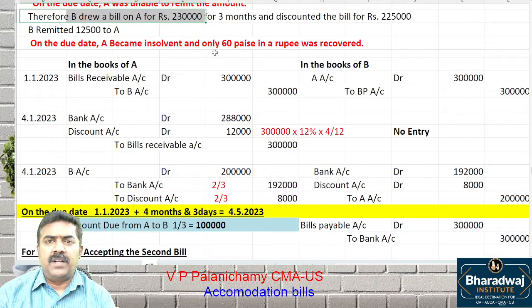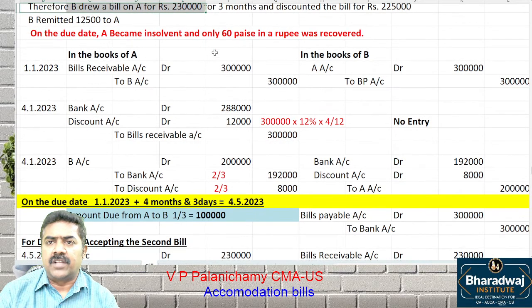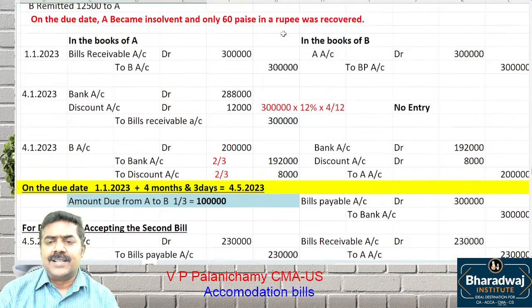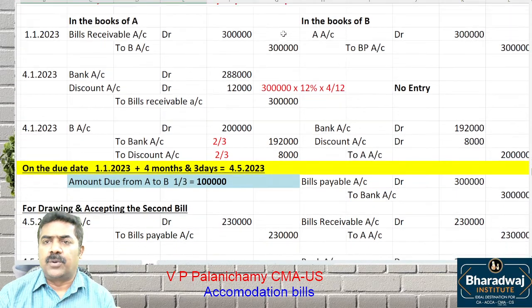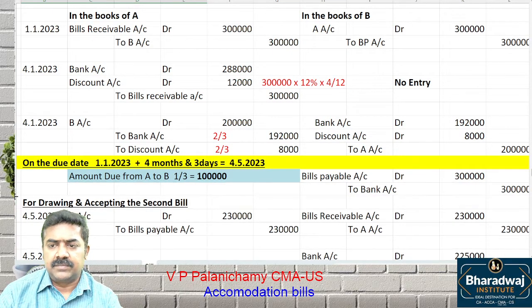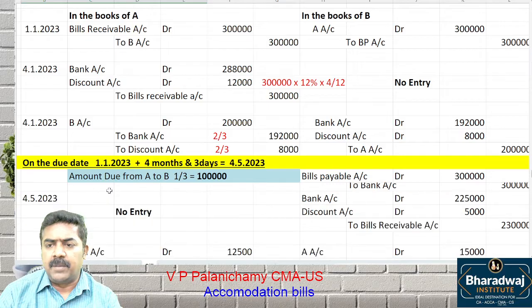B drew the bill on A for 2,30,000 for 3 months and discounted the bill for 2,25,000. Second bill, who is discounting? B is discounting the second bill. For that, he will pass the entry. What is the entry B will pass?